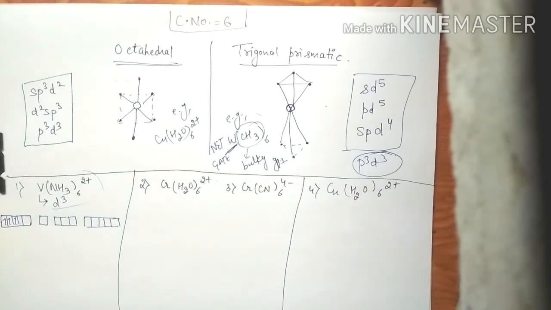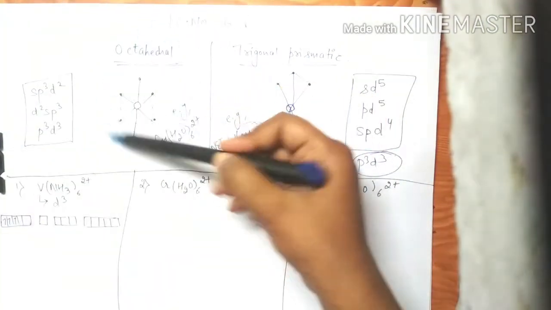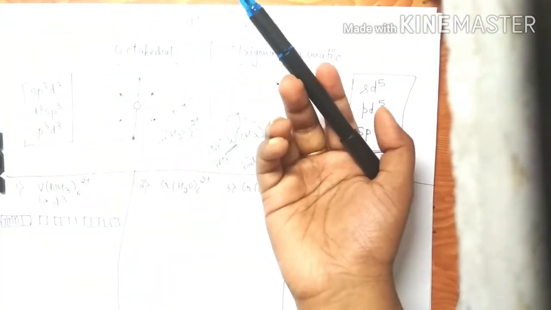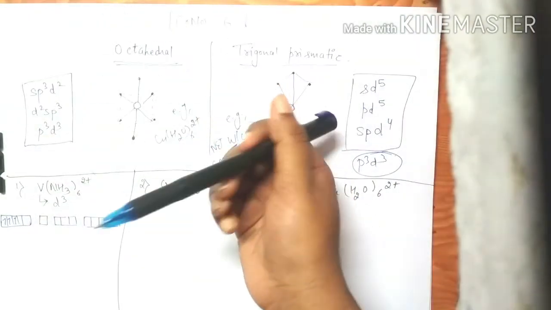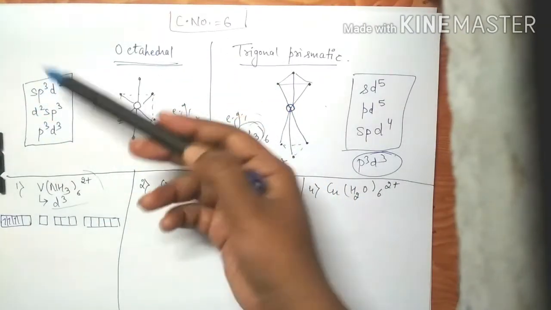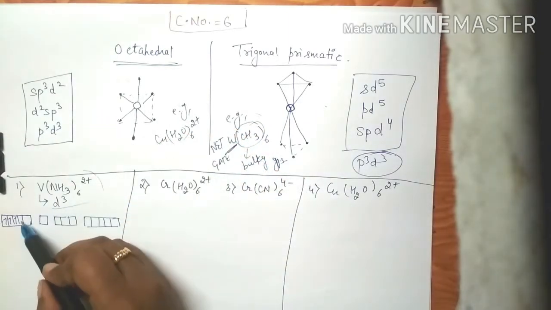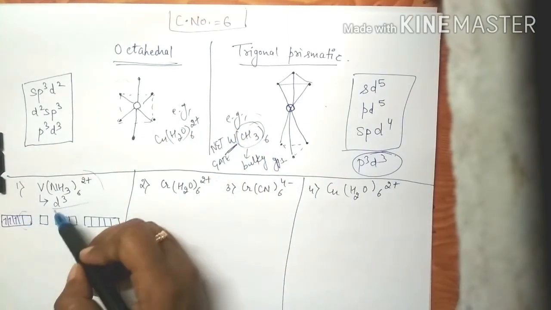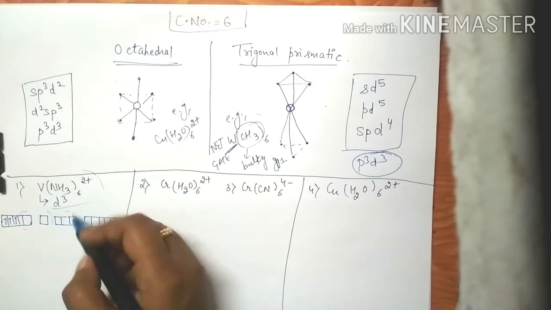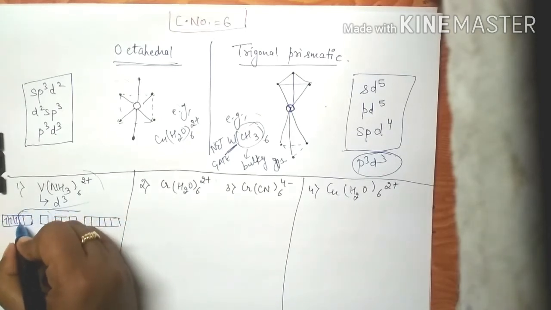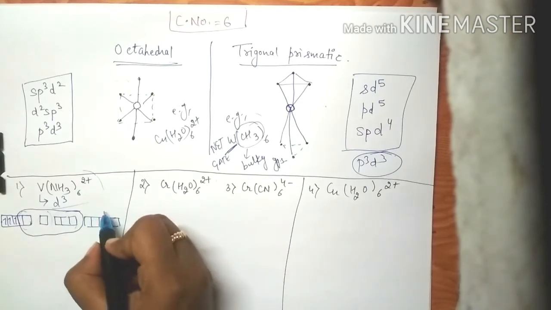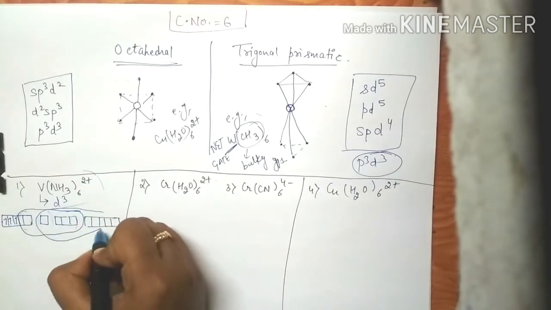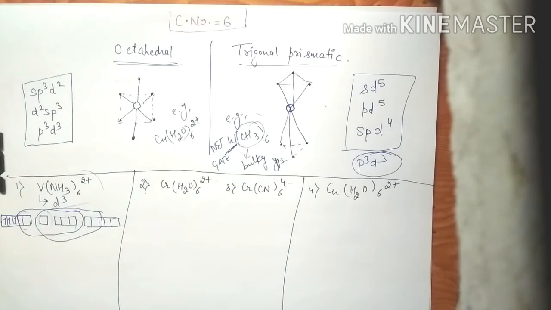For octahedral complexes to form, the hybridization should be sp3d2 or d2sp3, or sometimes p3d3, so we basically try for these two. We have 2 d orbitals available, 1 s and 3 p, so it can undergo d2sp3 hybridization. It can also undergo sp3d2 because outer d orbitals are also available.